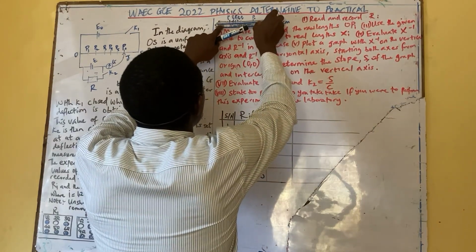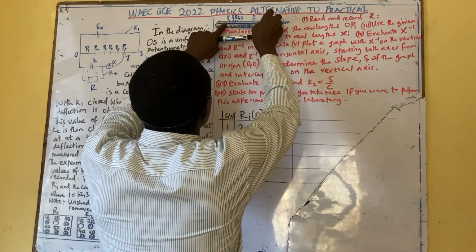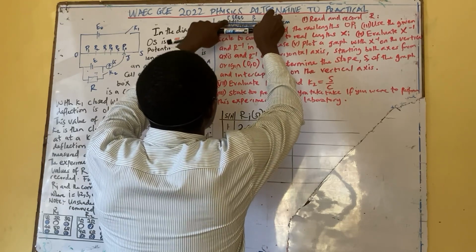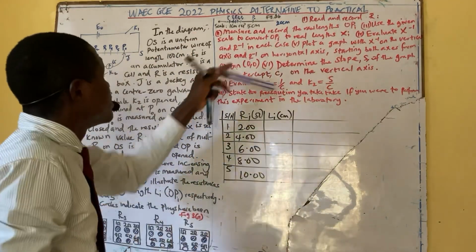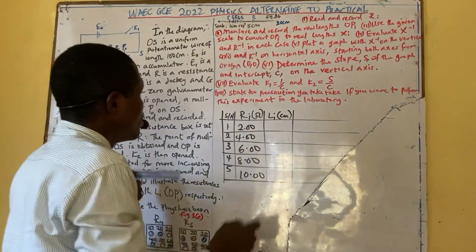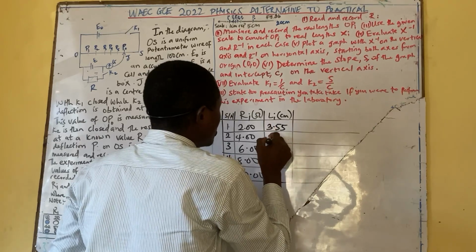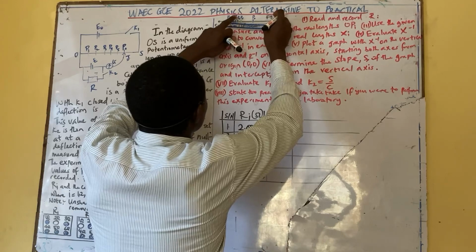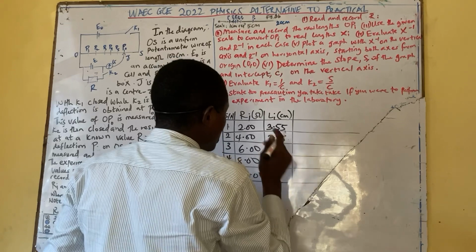This might not be accurate because I'm using the board directly, but if you check, the first one, P1, is 3.55 centimeter. P2 is 3.75 centimeter. This one will give us 4.5 centimeter.